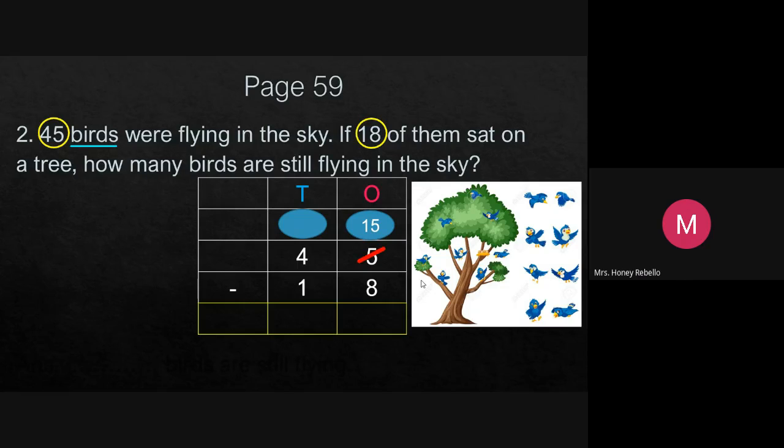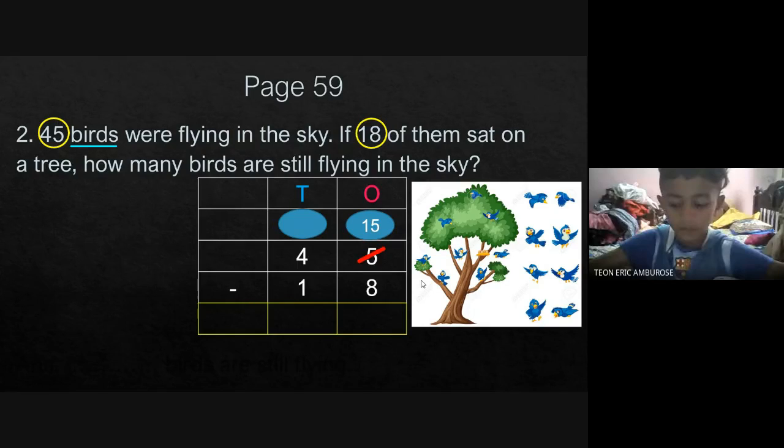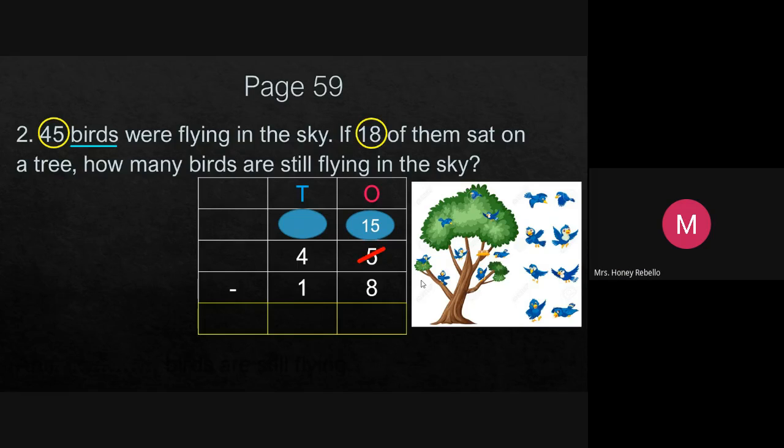Now tell me how many fingers are opened. Lift your hand. How many fingers are open? 7. Children, if you want to learn, just listen to me and write, okay? Now, you write 7 in your textbook.